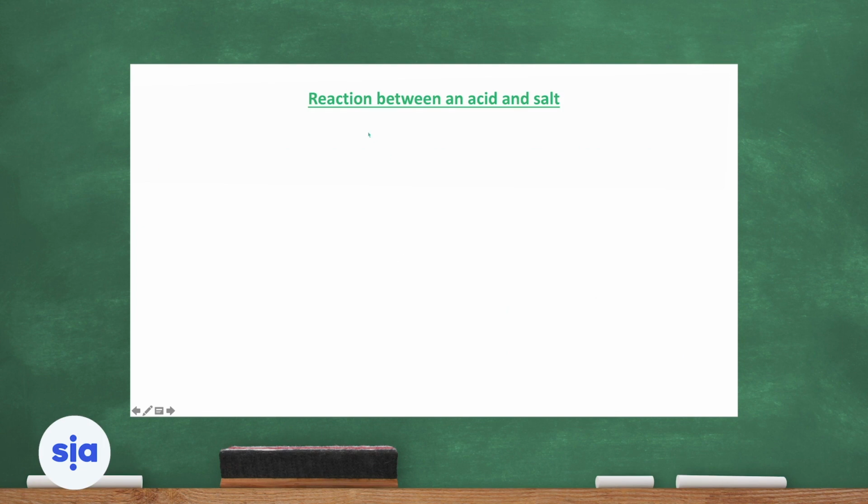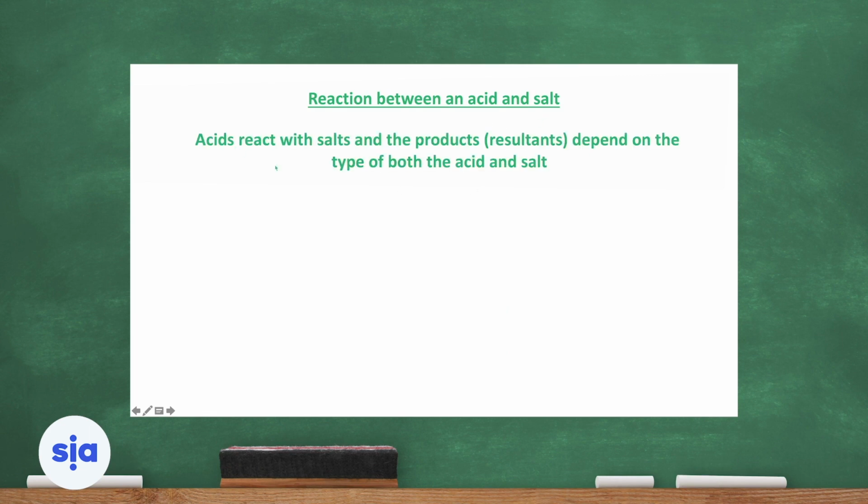Another double substitution reaction is between an acid and a salt. Acids react with salts and the products will depend on the type of both the acid and the salt. Now we have sodium carbonate. This is the salt, sodium carbonate, a salt of the sodium metal, and hydrogen chloride representing an acid.